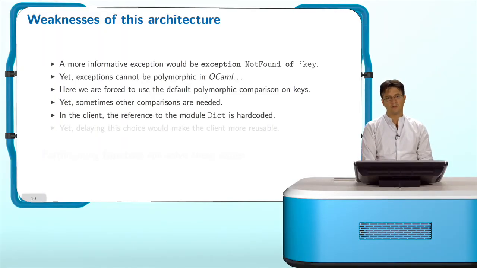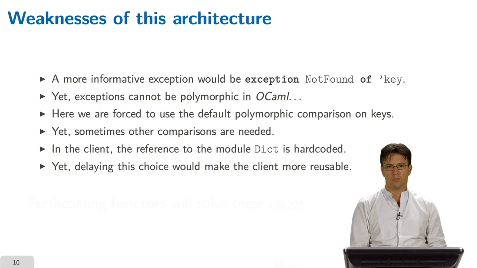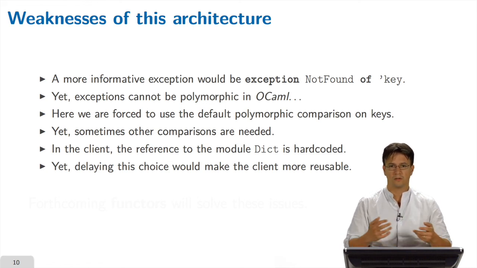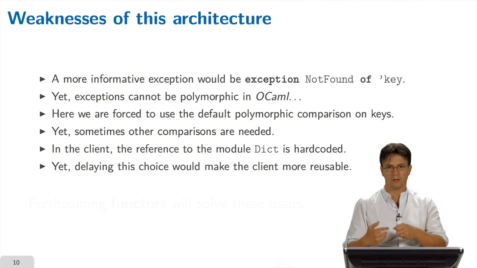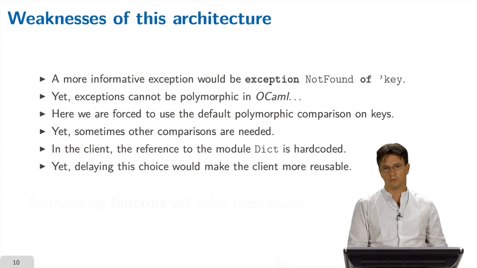Finally, in the client, the reference to the module Dict is hard-coded into the code, so that you can't change it afterwards. Delaying this choice would make the client more reusable, because the same code could be used with different configurations depending on the implementation of Dict that we want to use.